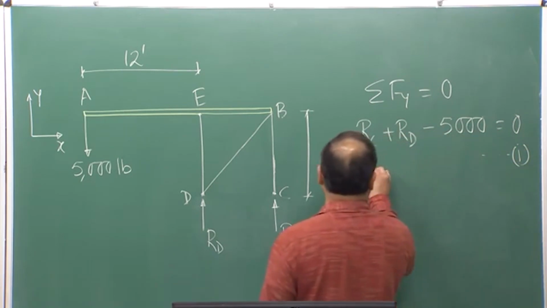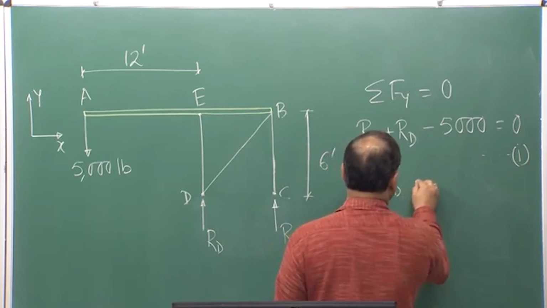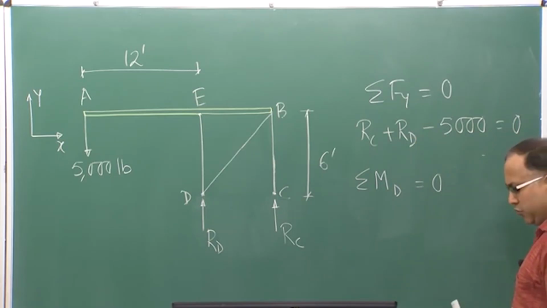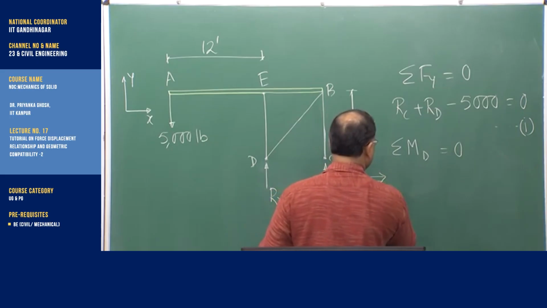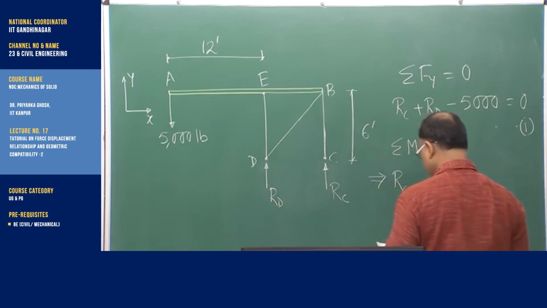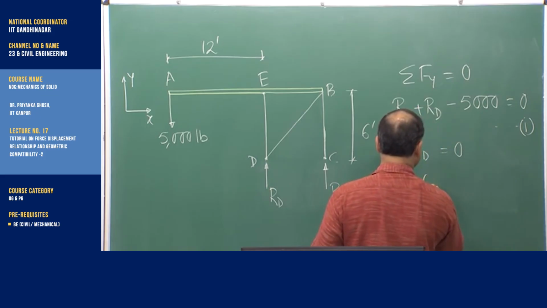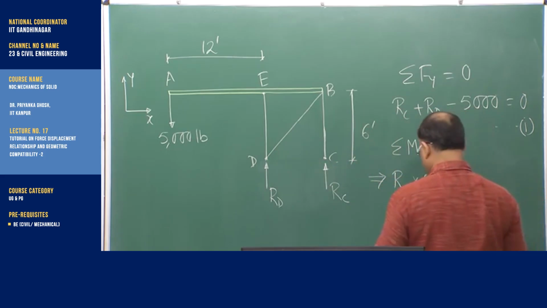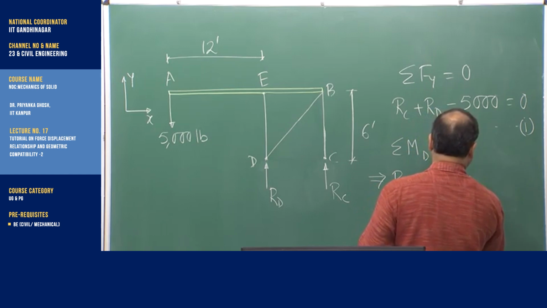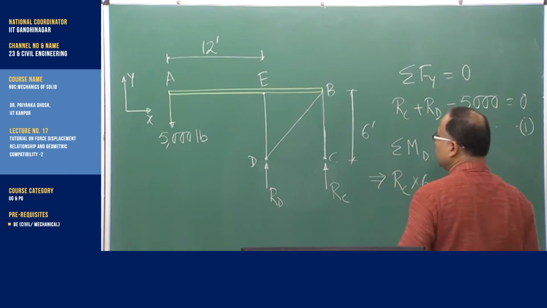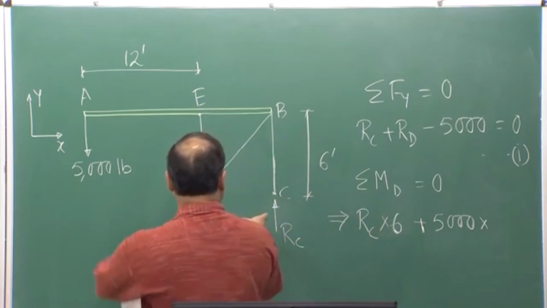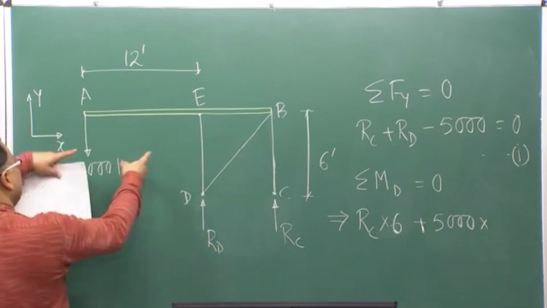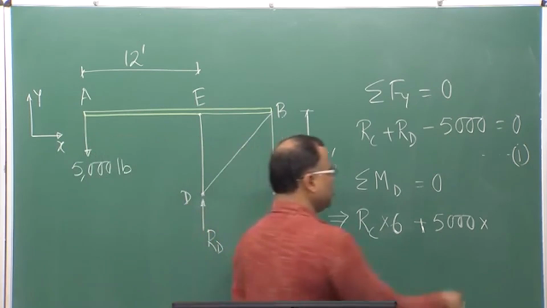Similarly, I can take moment equilibrium with respect to point D. The summation of all moments with respect to point D equal to 0 gives me RC into 6, because this distance is 6 feet, plus 5000 into 12 feet. RC gives me the anticlockwise moment, and the 5000 pound also gives me the anticlockwise moment.